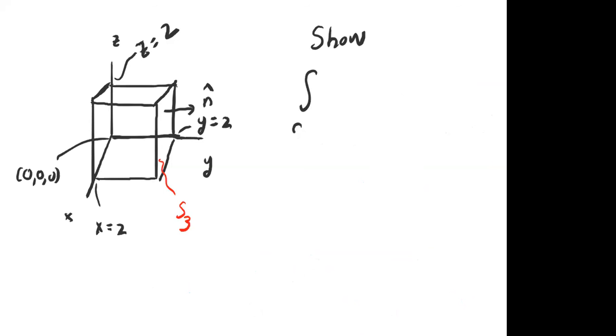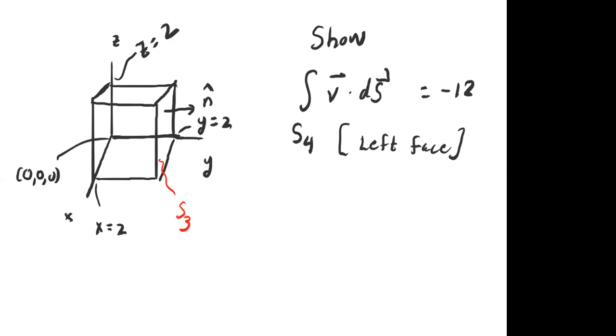that the integral over S4 is v dot ds. This was the left face. And you need to show that, in fact, that surface integral equals minus 12.